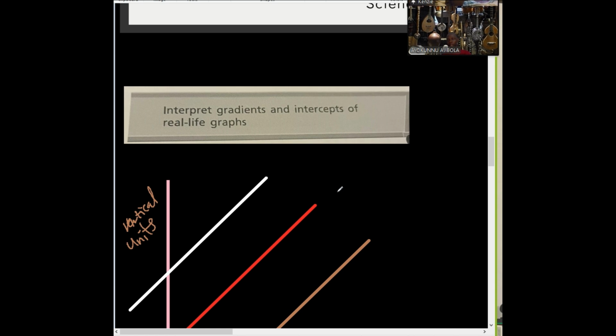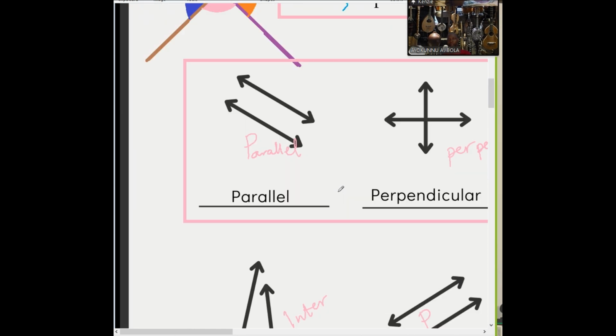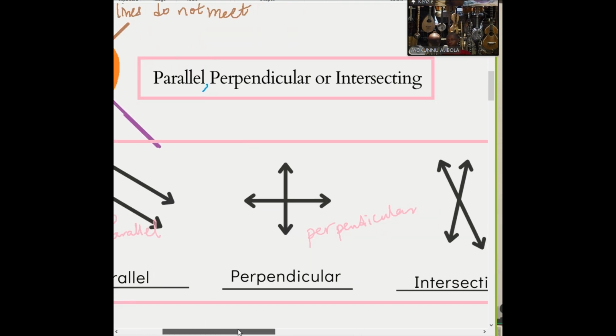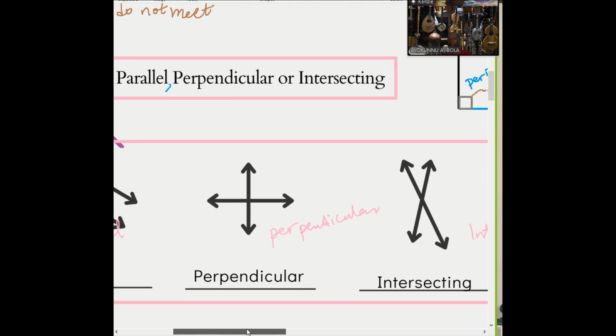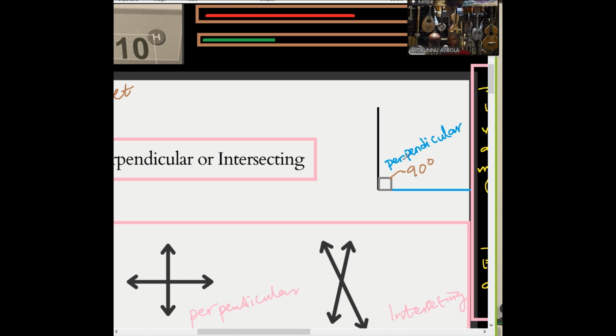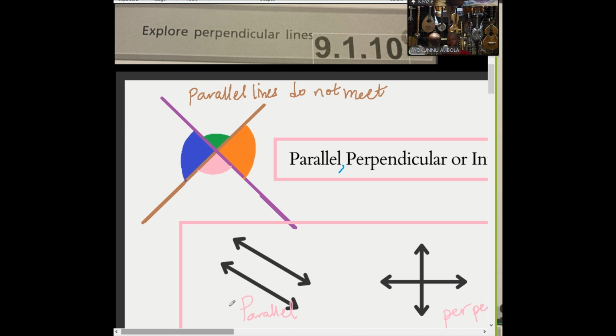Interpretation. The first thing we looked at was perpendicular lines. For any lines to be perpendicular, they must meet at 90 degrees. If they do not meet, they are parallel. If two lines go side by side and they don't meet, they're parallel.